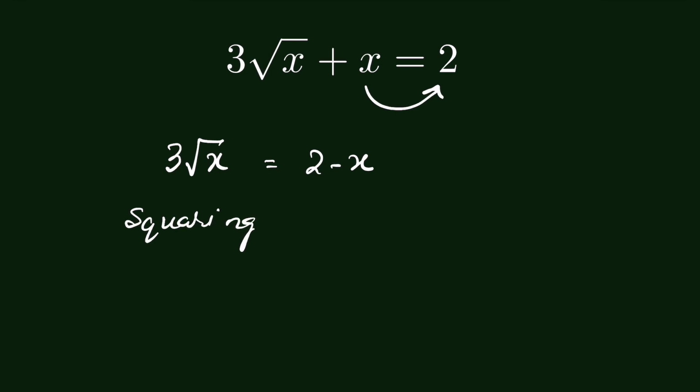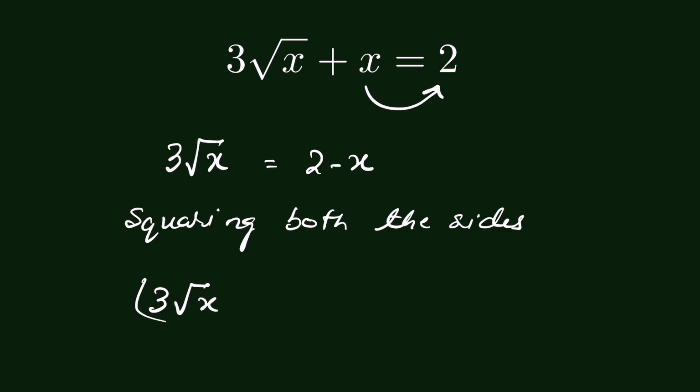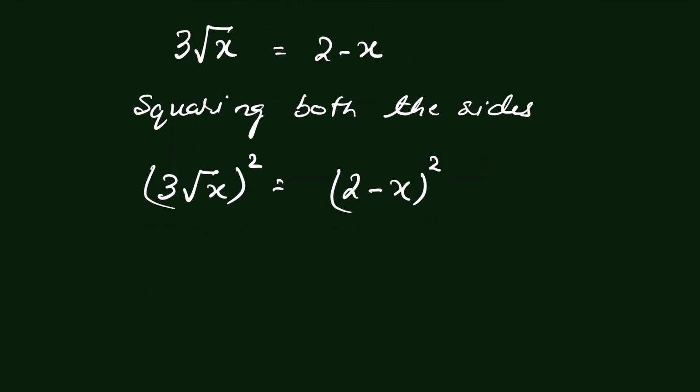So squaring both the sides, (3 times square root of x) whole square is equal to (2 minus x) whole square. When (a times b) is whole raised to the power m, it is equal to a raised to the power m times b raised to the power m.